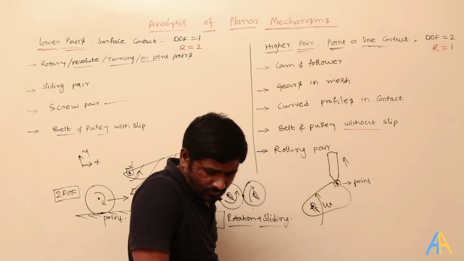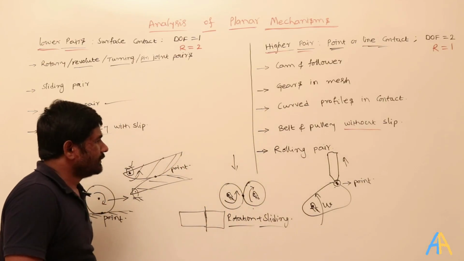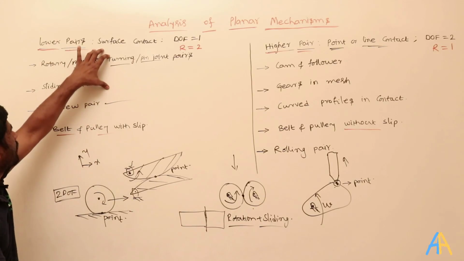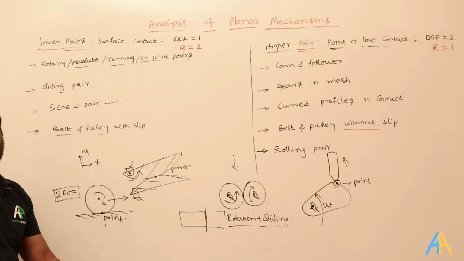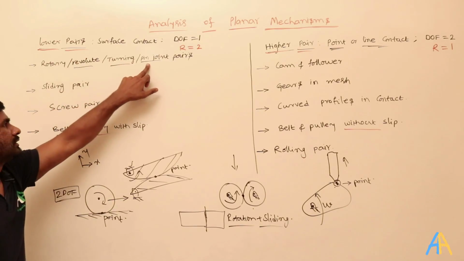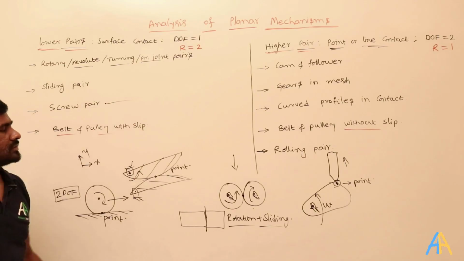So recognition of these pairs is very important while calculating the degrees of freedom. Whenever there is a higher pair, the degrees of freedom is 2. That means the number of restrictions it is providing is 1. Whenever there is a lower pair, the degrees of freedom is 1 and the number of restrictions provided by this is 2.